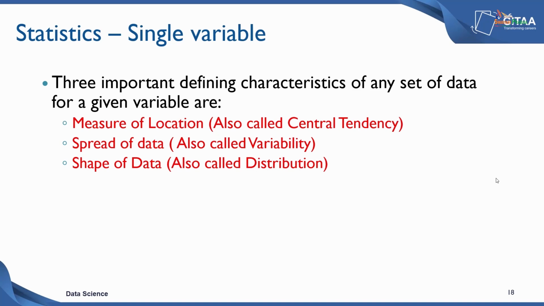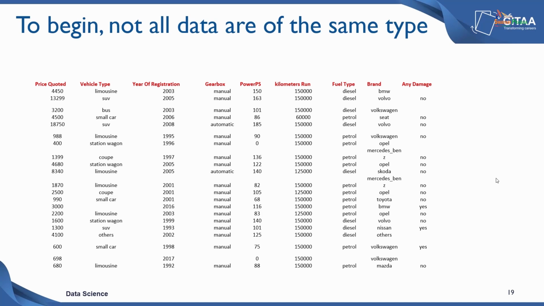The second is to understand the spread of data, also called variability. And the third is the shape of data, also called distribution. As we move along, we will also understand the importance of these, and why we are keen on these specific measures. So going back to the data that we have, the real data is this.